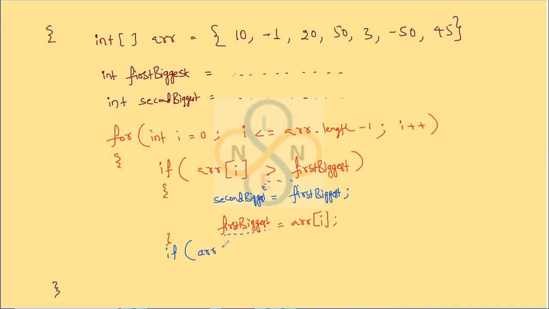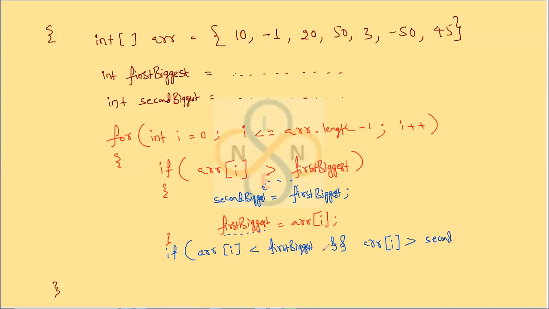So I'm adding: if the array element arr of i is less than firstBiggest, along with the logical AND operator, and the array element is greater than secondBiggest.